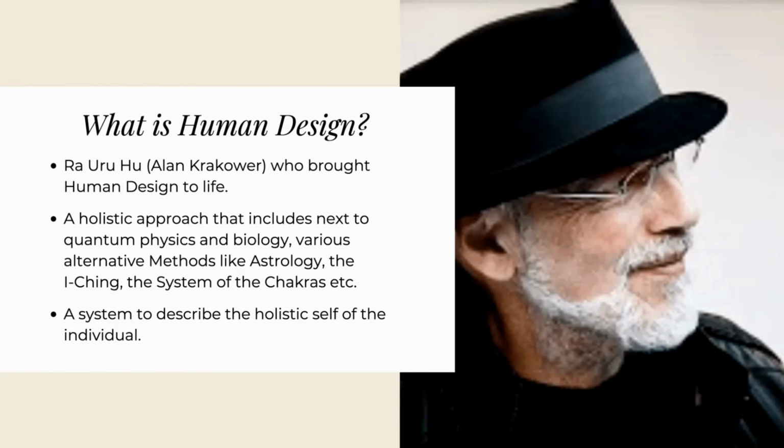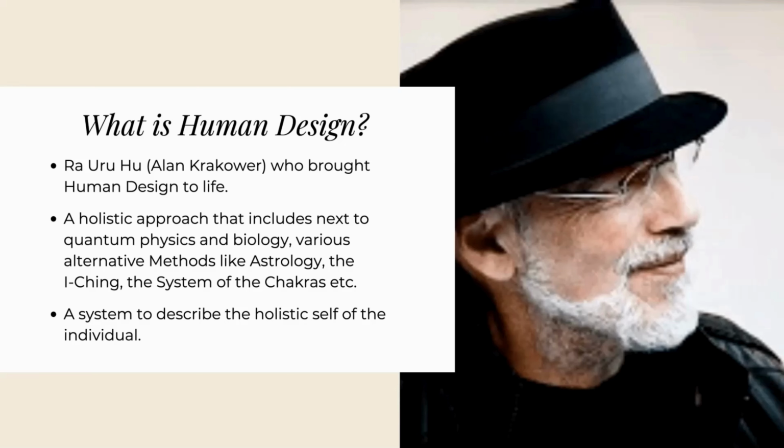It's a holistic approach that includes, for example, quantum physics, biology, and also various alternative methods, or you would probably say esoteric or spiritual methods, like astrology, I Ching, which is a Chinese system, and also the system of the chakras. You will see that in a minute.